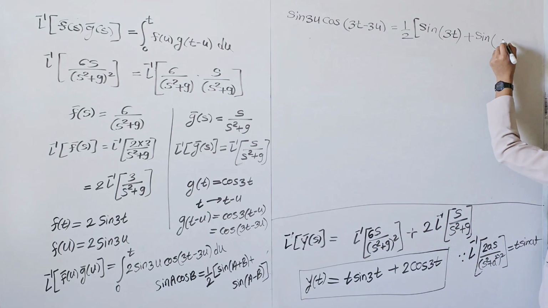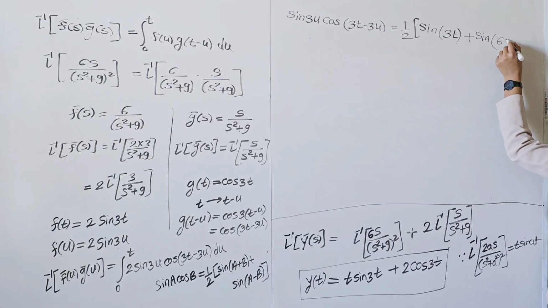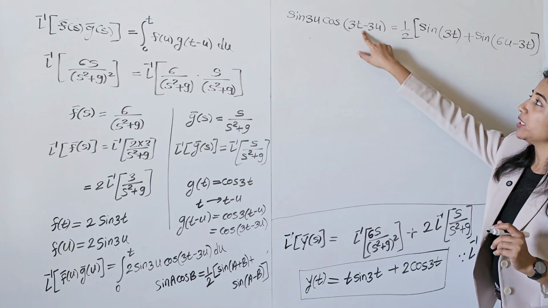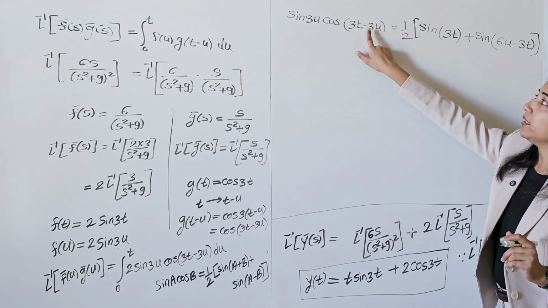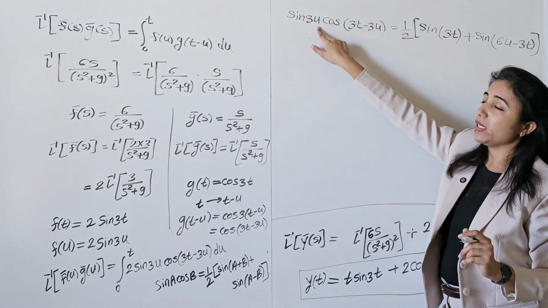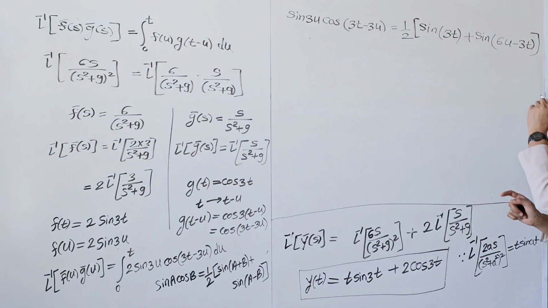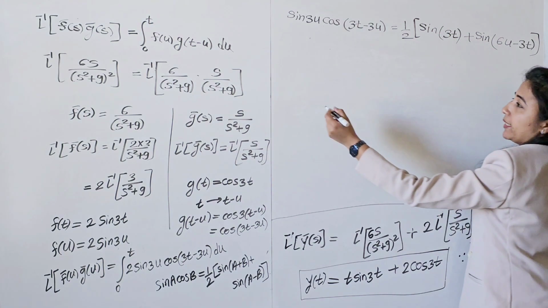So you will get here 6u minus 3t, because if we subtract this term, the sign changes to minus 3t plus 3u, and this 3u plus 3u is 6u minus 3t.